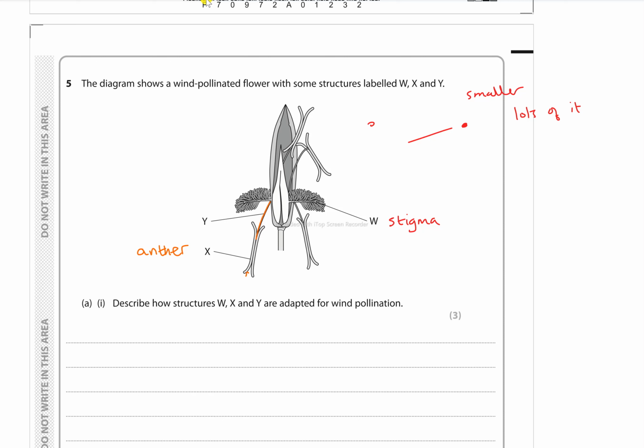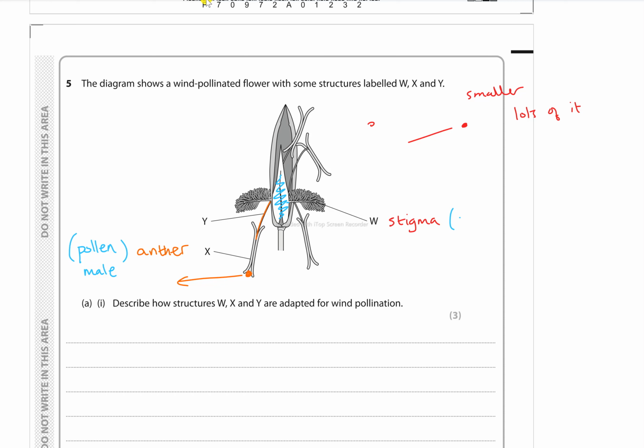So the pollen is going to fly off from here as soon as there's a gust of wind. This is the pollen producer, and it's the male part. And this here is the ovary, and it'll have the ovules in there.